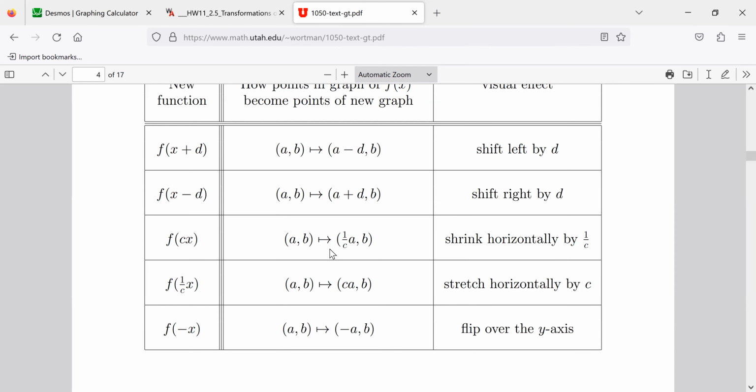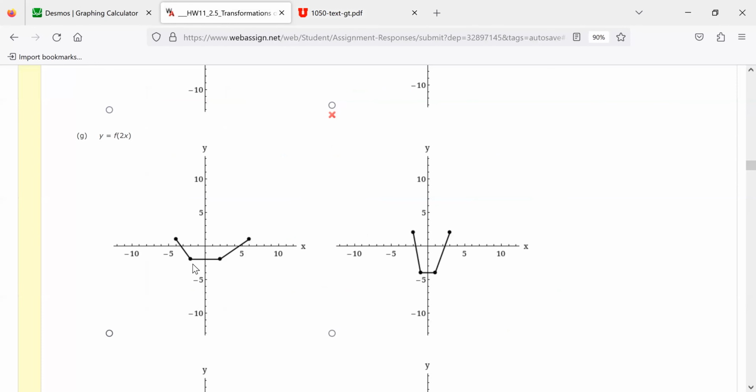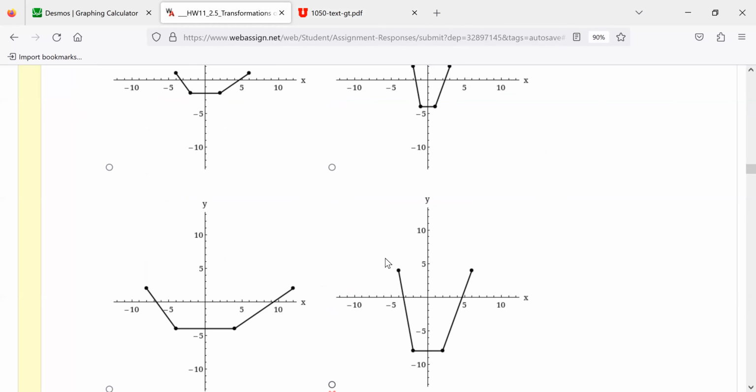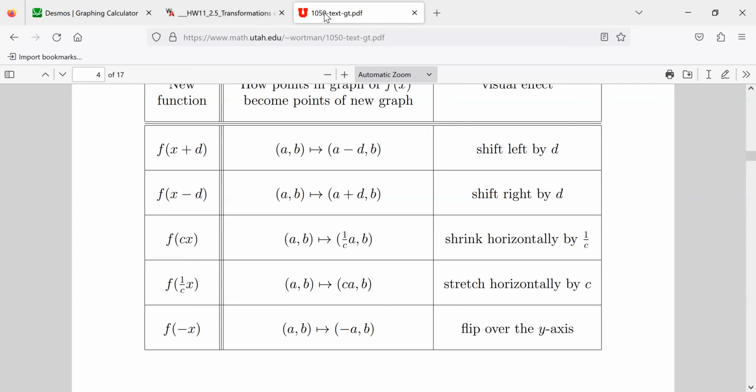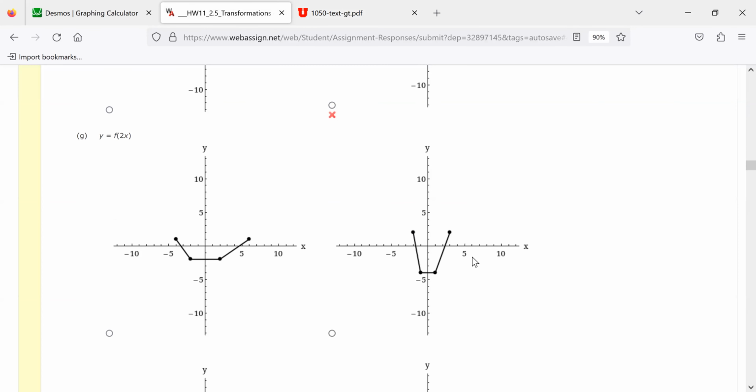Times the number would actually divide that number. Interesting. So it creates a shrink horizontally if it's inside. If it's inside, it's the opposite. So horizontal compression or shrink times 2. So it should be more narrow. I'm sorry, it should be shorter. I think it's B.